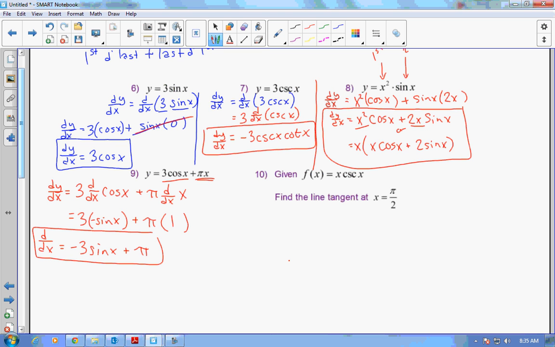If you don't know what to do, maybe refer to this. So you see tangent line, you should be taking the derivative. And when it says at a particular moment, what should you be doing? Yep, plug it in. So, let me give you this, though.